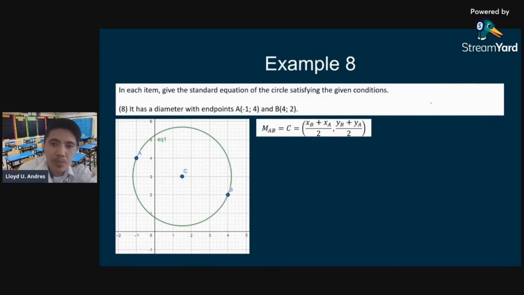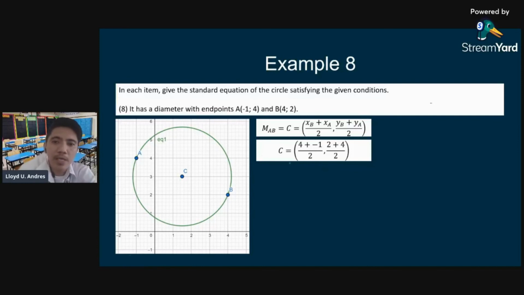So substituting the values, our x coordinate of B is 4 and our x coordinate of A is -1, while the y coordinate of B is 2 and the y coordinate of A is 4.